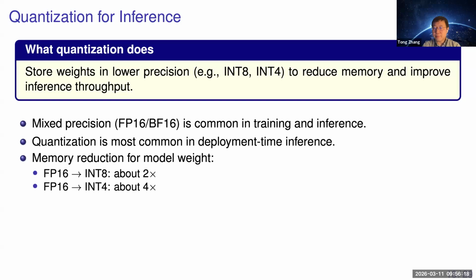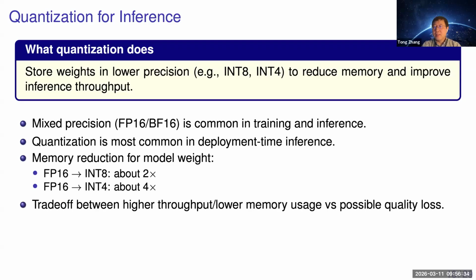So, memory reduction for model weights, right? If you think about FP16, it's 2 bytes. Int 8 is essentially 1 byte. Int 4 is half a byte, right? So basically, you are saving 2 times and 4 times. So this is the advantage. And speed-wise, it could depend on your hardware.